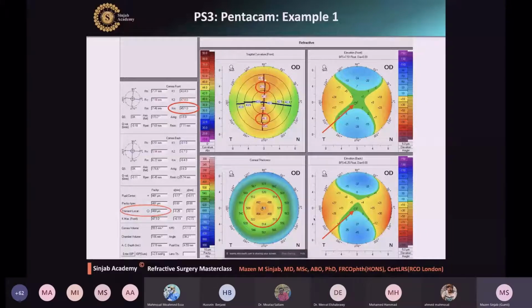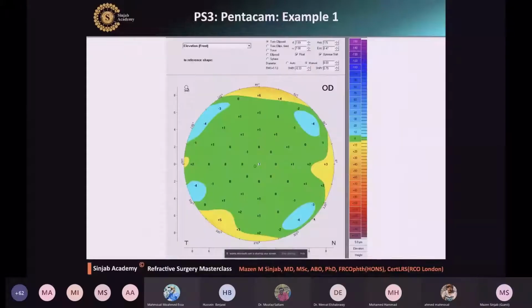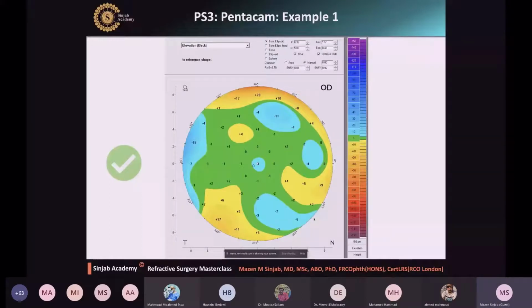Then we go to the elevation map with the best fit toric ellipsoid as Holiday recommends. As we see, none of the numbers is above 12 microns for the front or 15 microns for the back. So both are okay. Then we study the relative Pachymetry map.